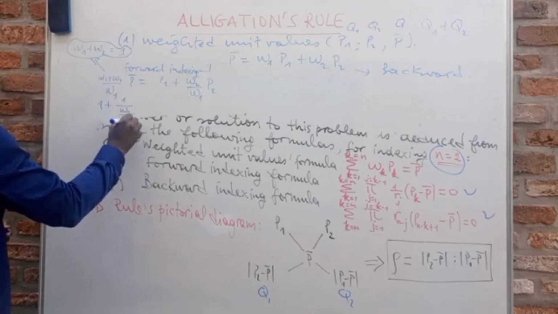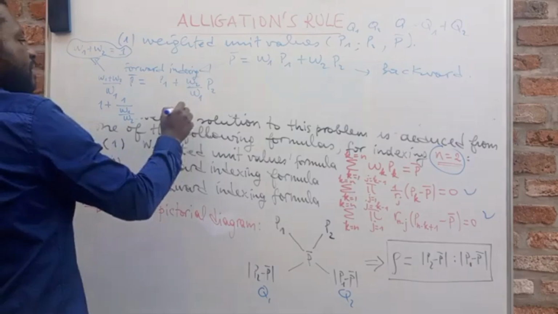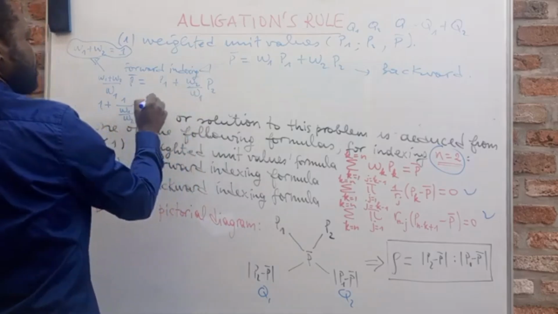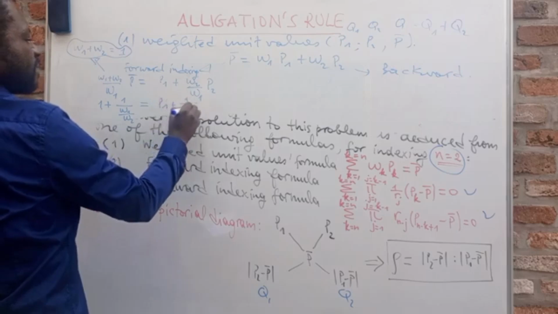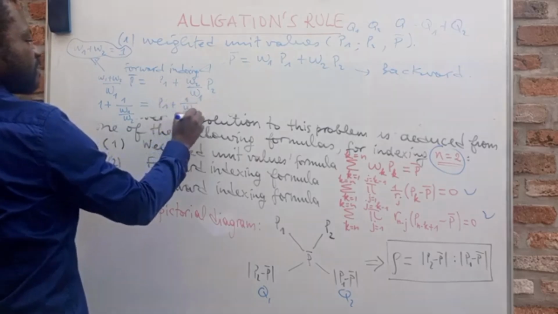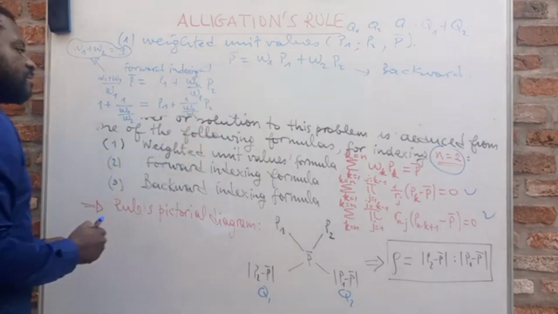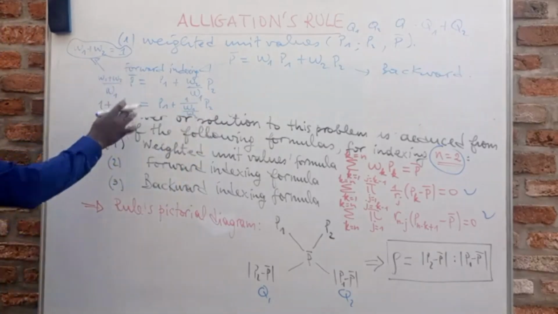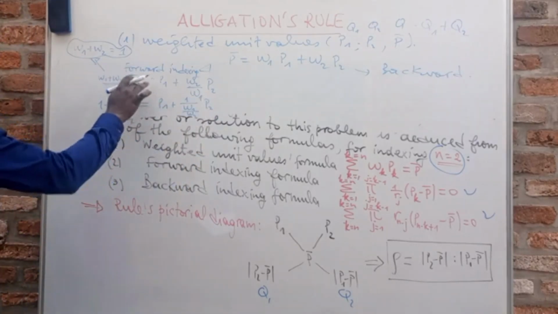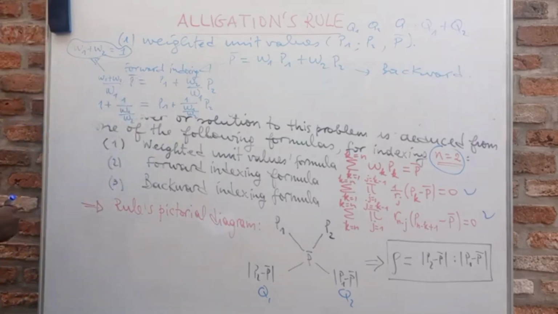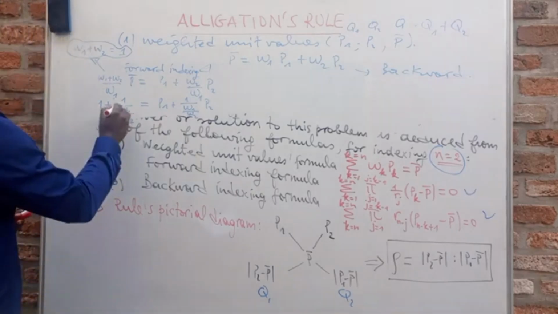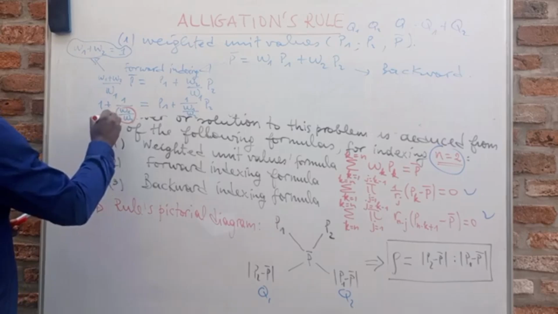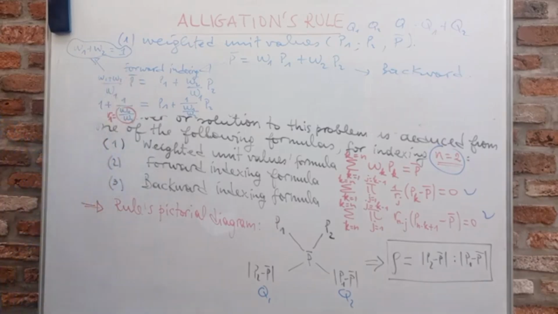So here it can be written as P1 plus omega 2 over omega 1 times P sub 2. The first and the second quantities are equivalent, and now I can substitute this value and call it ratio number 1.